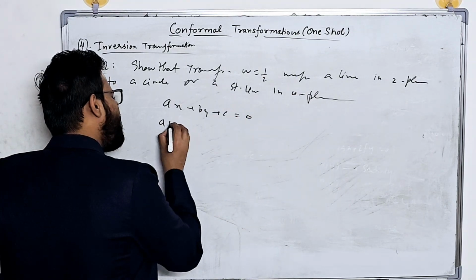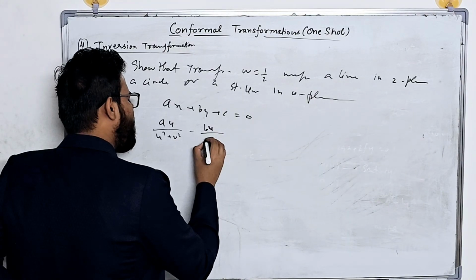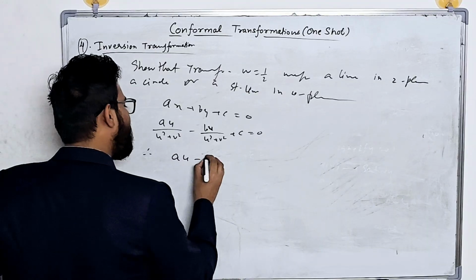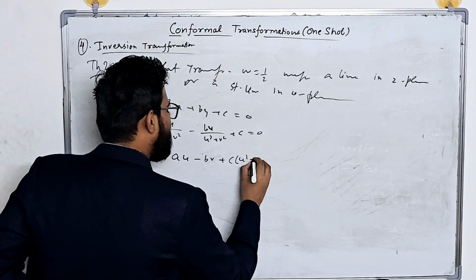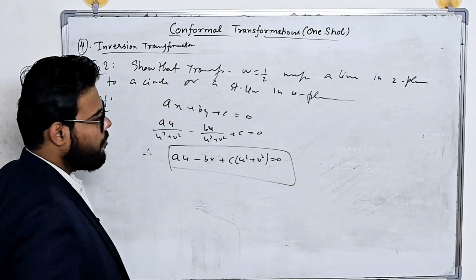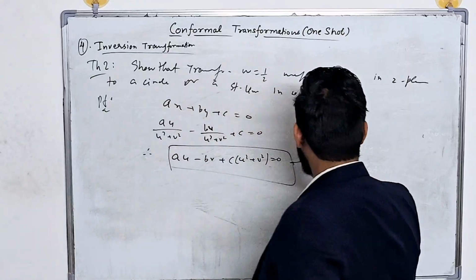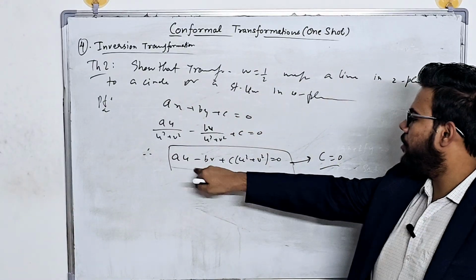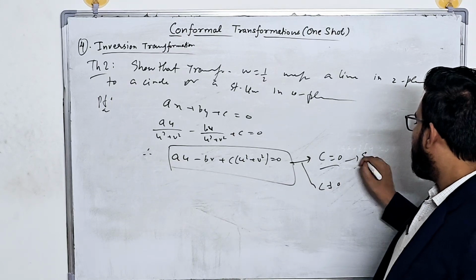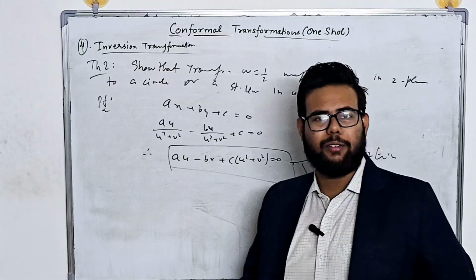Now a u by u square plus v square minus b v divided by u square plus v square plus c is equal to 0, right? So au minus bv plus c times u square plus v square is equal to 0. Now if c is equal to 0, then of course it is the equation of a straight line, au minus bv is equal to 0. And if c is not equal to 0, then it is a circle, because we have the u square plus v square term over here.